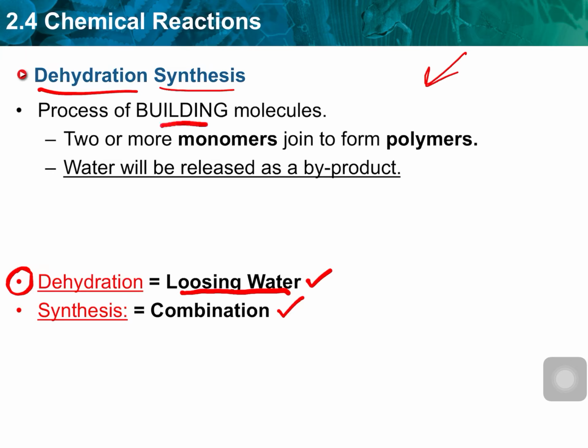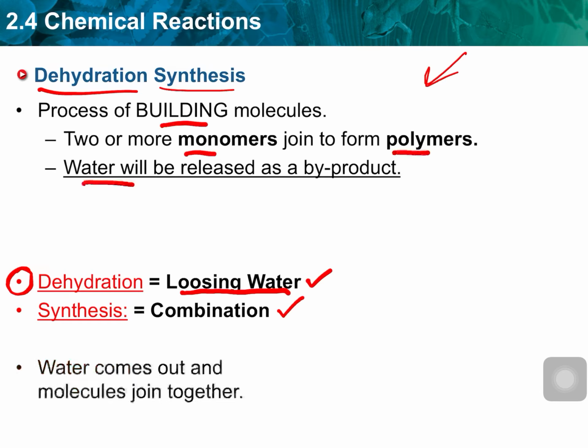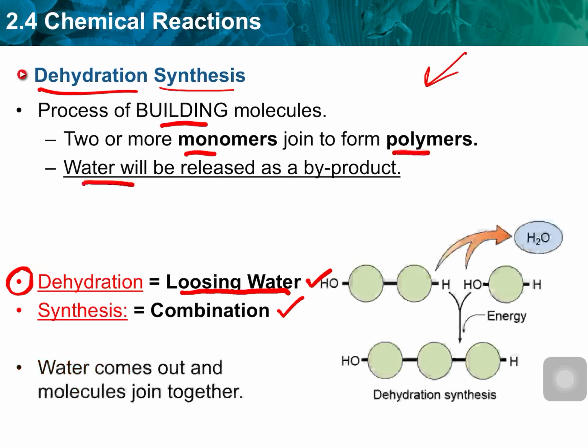Two or more of our monomers are going to join to form polymers. Remember in our first learning target, we talked about monomers and polymers. And then the dehydration part comes when water is released as a byproduct. So we have dehydration, losing water, synthesis, combination. Water is going to come out and our molecules are going to join together.